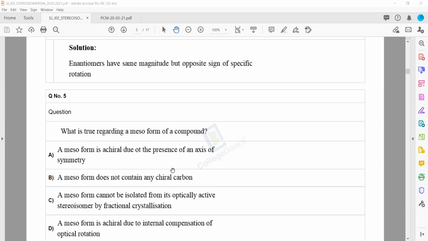So what's the difference? See, an axis of symmetry, that is, when we cut a line and it is dividing the molecule into equal parts, that is an axis of symmetry. And for a plane, consider a two-dimensional plane, and if it divides the molecule into equal parts, then we can call it the plane of symmetry.